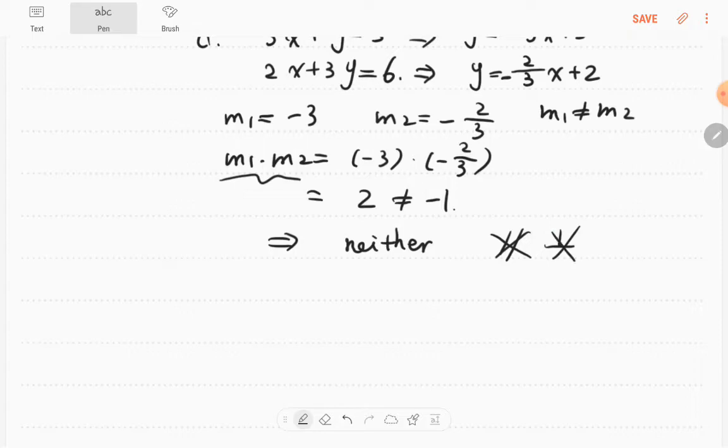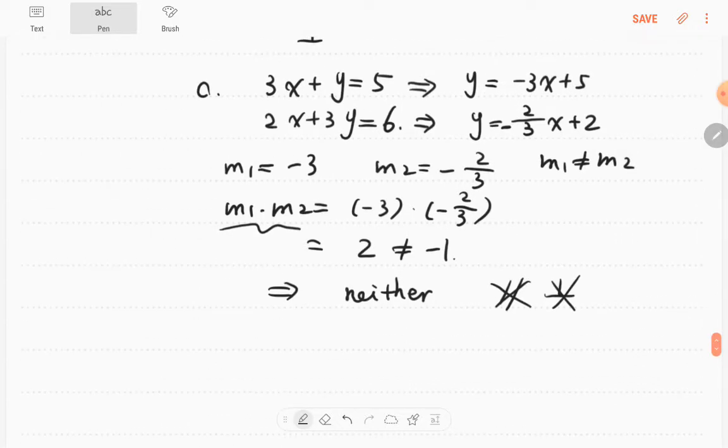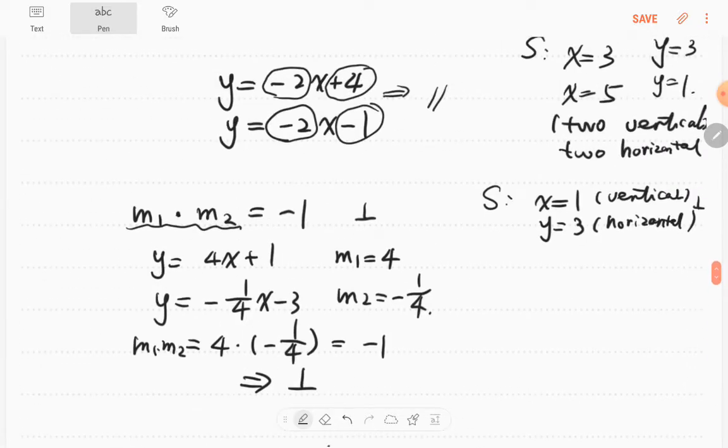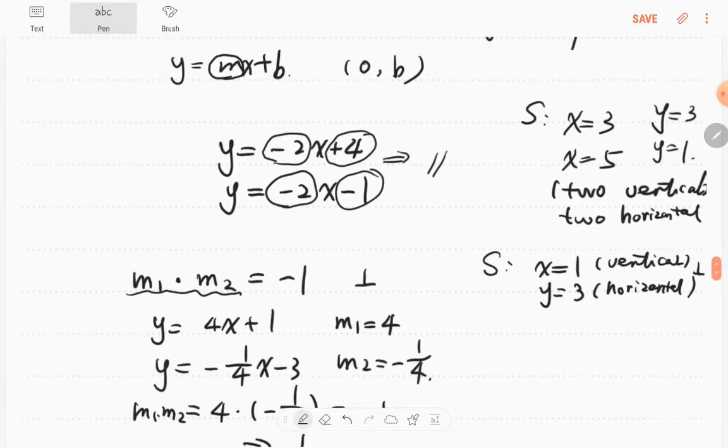Okay? So that's for parallel and perpendicular. Of course, we know sometimes we have special cases. Again, if you have two vertical lines, like x equal to 3, x equal to 5, something like x1 equal to one number, x2 equal to another number, which means these are two vertical lines.